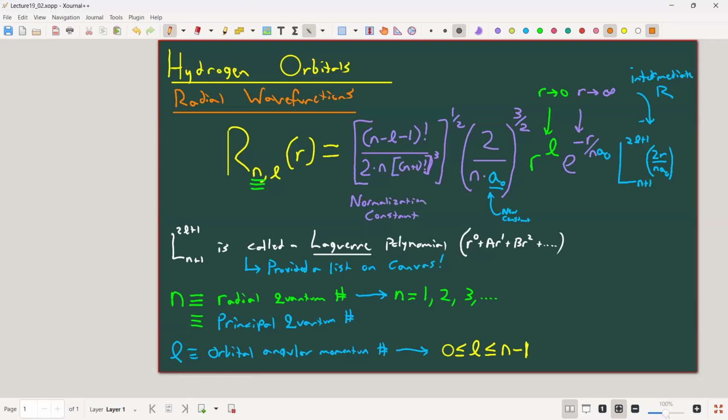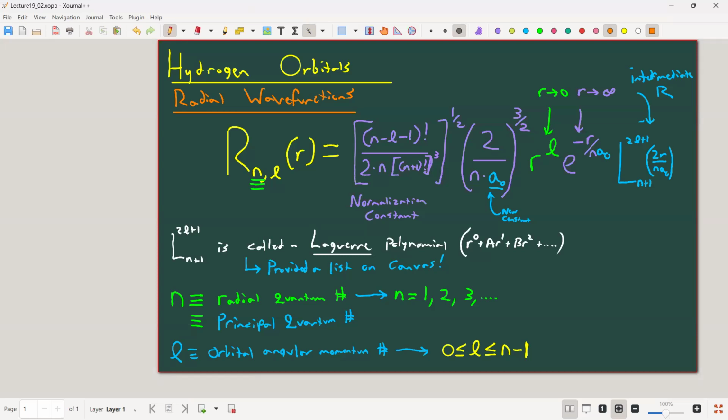And that gives us the 1s, 2s, 2p structure, right? There is no 1p, there is no 2d, there's no 3f, right? The only things that are allowed for a given n are L's that are up to n-1. So if n is 1, L can only be 0. If n is 2, L can only be 0 and 1. That means you have 2s and 2p. And at n equals 3, you can have L 0, 1, and 2. That's s, p, and d.